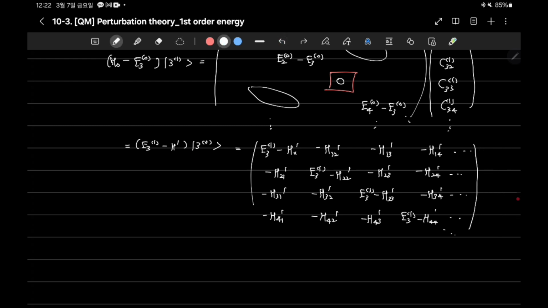Here it is 3 0, that is 0 0 1 0, like this.